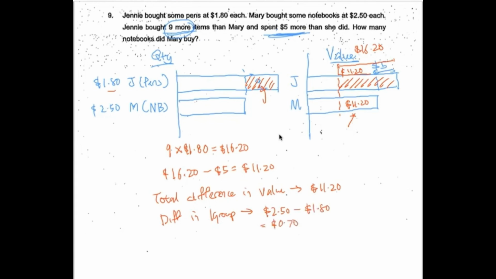So difference in one group is 70 cents. The number of groups is $11.20 divided by 70 cents. And you get 16 groups. So there are 16 groups here. The question is, how many notebooks did Mary buy? So this is the answer, 16.